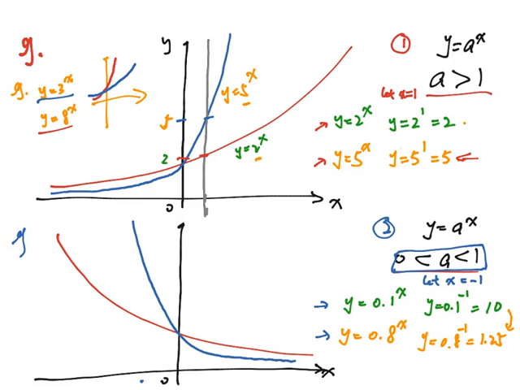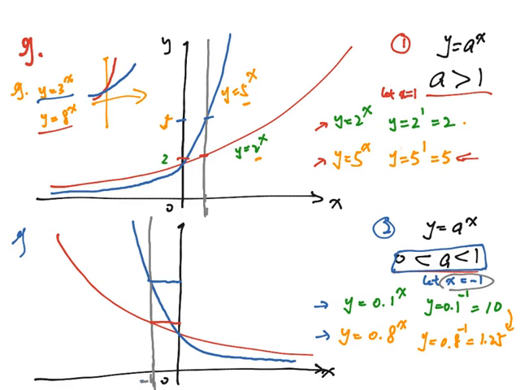So let's go back to the graph. For x equal to -1, that means -1 is around here. Same, we put a vertical line. So you can see the blue graph is greater than this one.